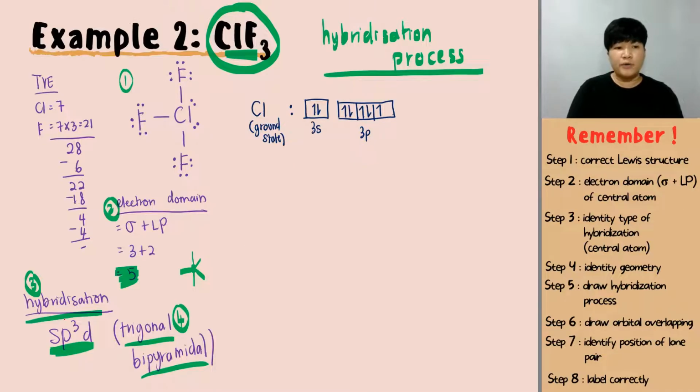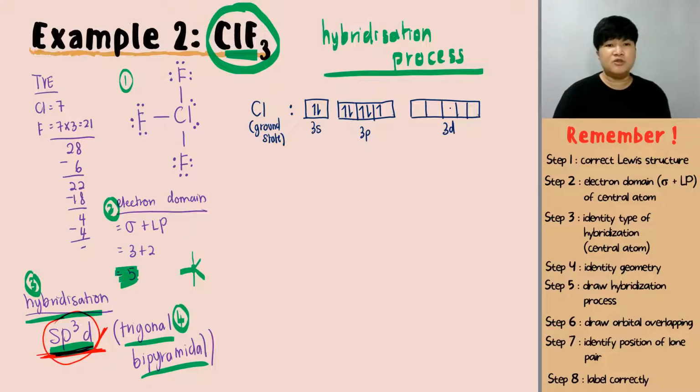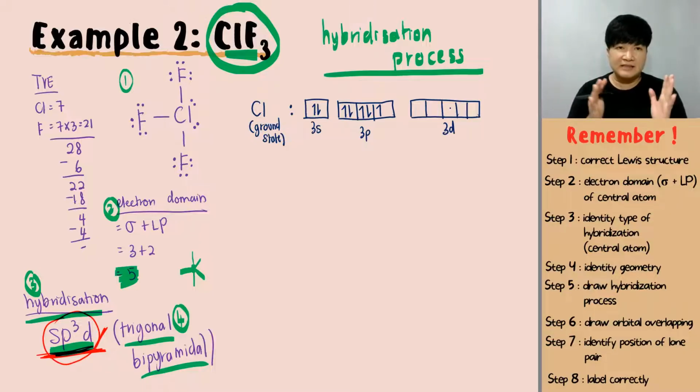And since we already identified the hybridization, which is sp3d, therefore, obviously, we need the presence of d orbital. Therefore, we will be drawing your 3d, even though at this moment, your 3d is still empty. So your chlorine ground state in this question will look something like that.